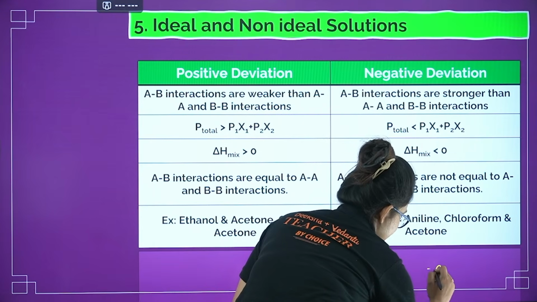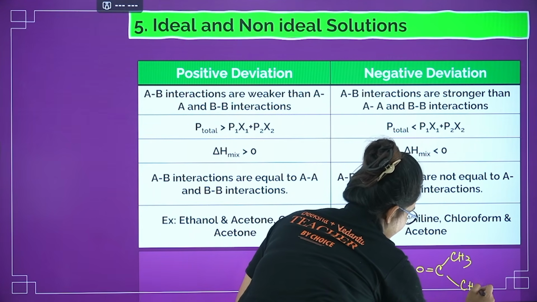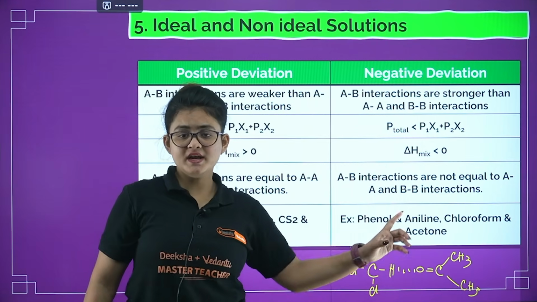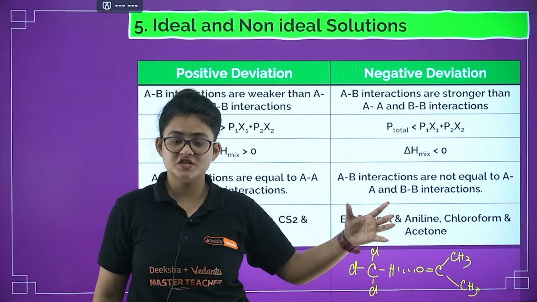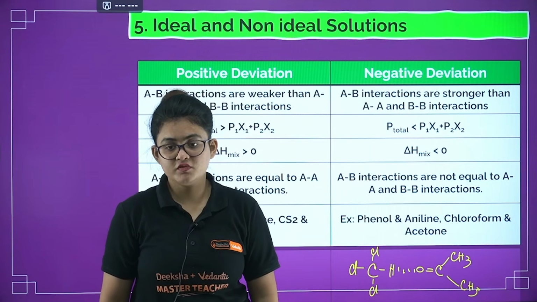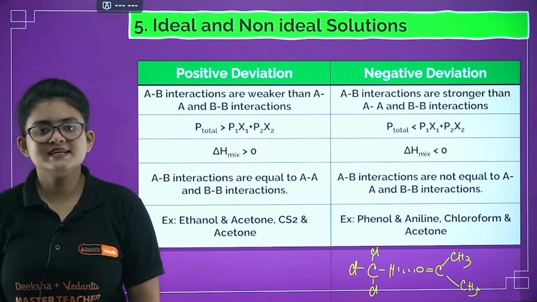If you write the acetone here, they can form nice hydrogen bonding. So the A-B chloroform-acetone interaction is greater than the individual chloroform and acetone interactions. That is negative deviation. I guess it's clear.